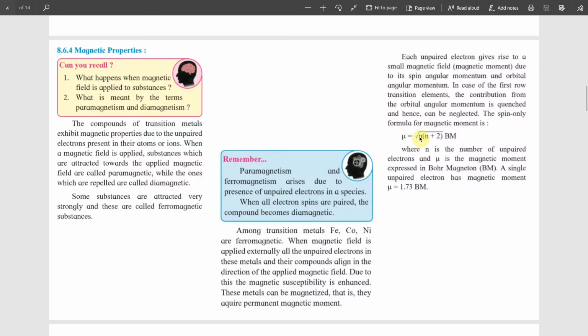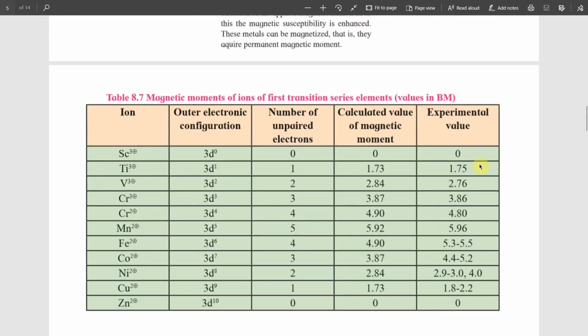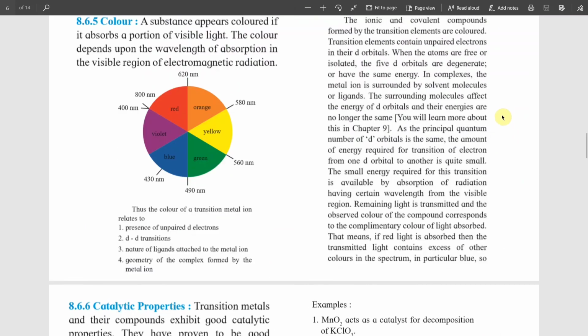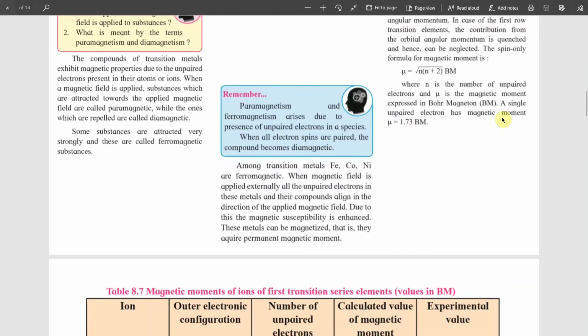and hence neglected, giving the spin-only formula: mu equals root n(n plus 2) Bohr magneton, where n is the number of unpaired electrons and mu is the magnetic moment expressed in Bohr magnetons.